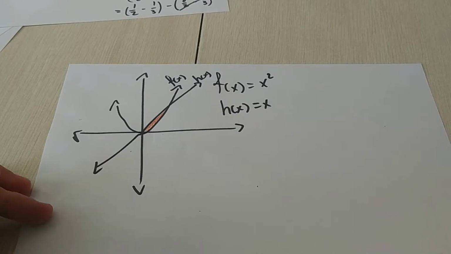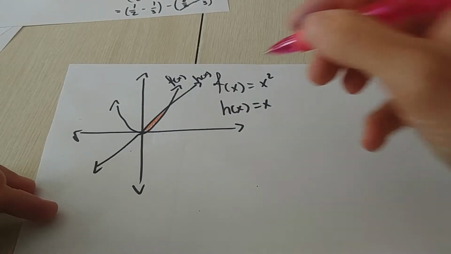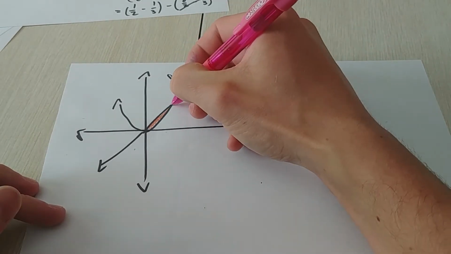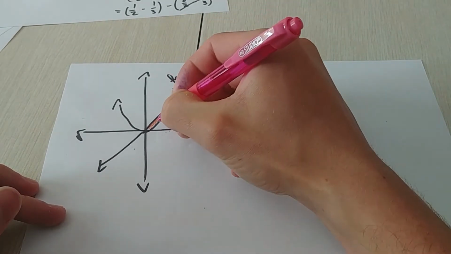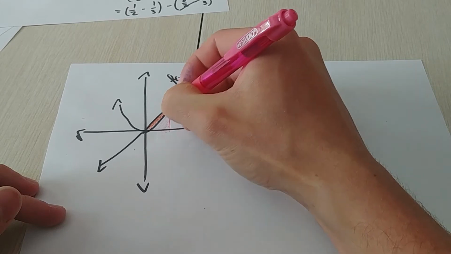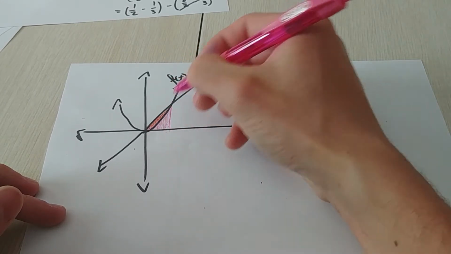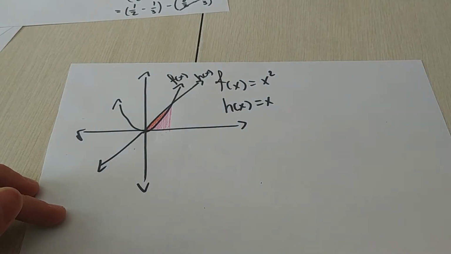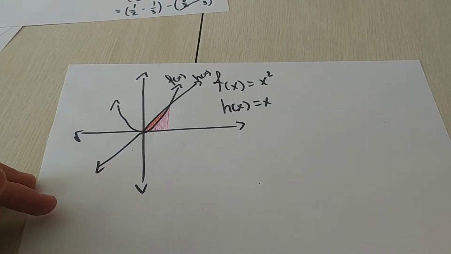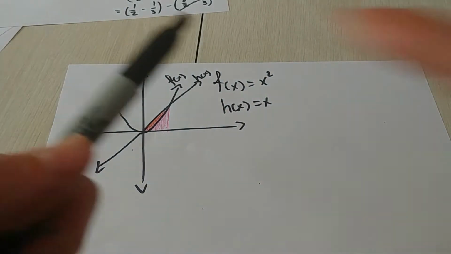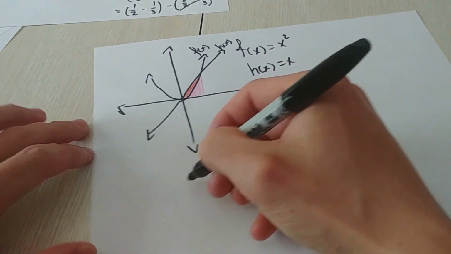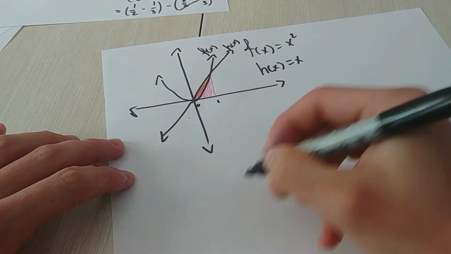But think about it this way. The area underneath h of x is everything here, including the orange bit. So that's the area of h of x. I'll redraw that, from 0 to 1 as well.